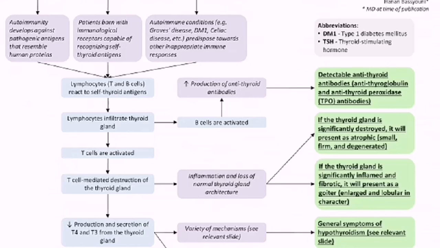If the thyroid gland is significantly inflamed and fibrotic, it will present as goiter, large and lobular in character. If there is decreased production and secretion of T4 and T3 from the thyroid gland, you can see here the variety of mechanisms; we have general symptoms of hypothyroidism and the decreased negative feedback loop inhibition of the pituitary gland with an increased amount of TSH.